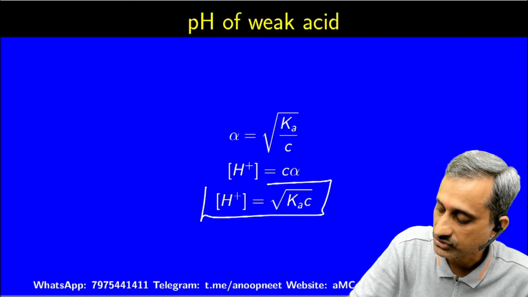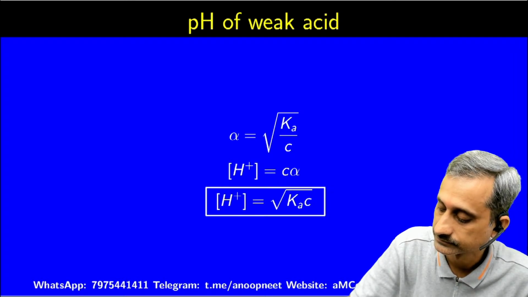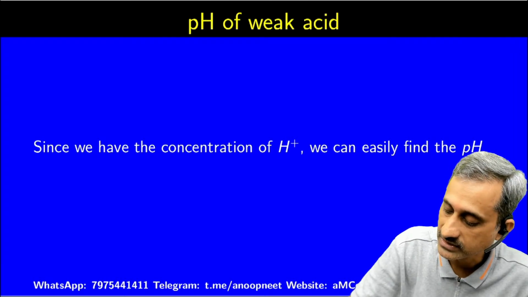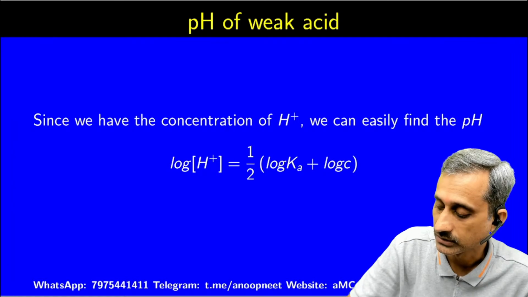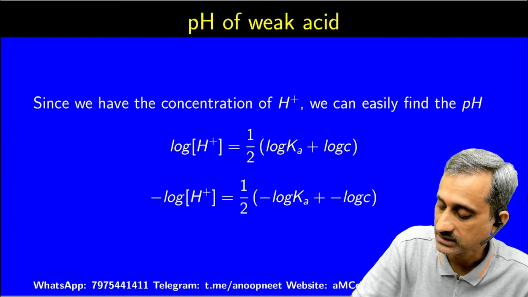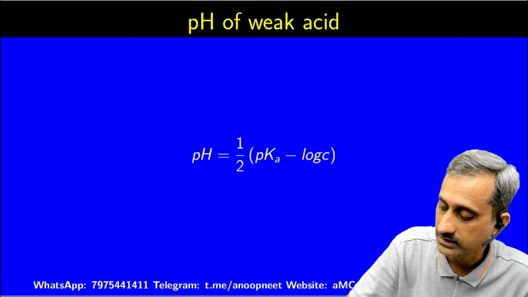The H plus concentration is under root Ka C. Since we have the concentration of H plus, we can easily find the pH. The pH value we get is from log H plus. This is the one, and here it is going to be the formula.